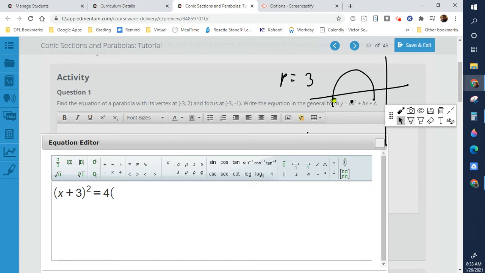Because of the position of it, p is a -3, because normally you add p to get your focus. In this case, we're subtracting p to get our focus, so our p has to be negative. And then from here, we're going to do y minus our k. Our k is 2, the y value of our vertex.